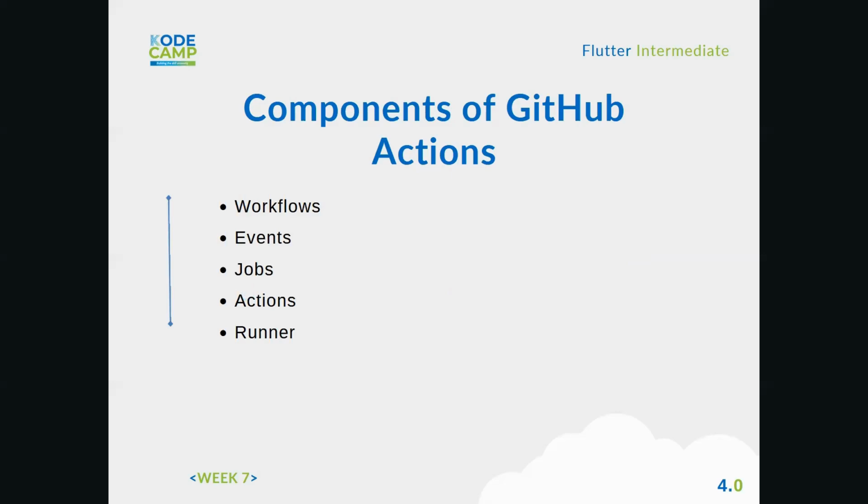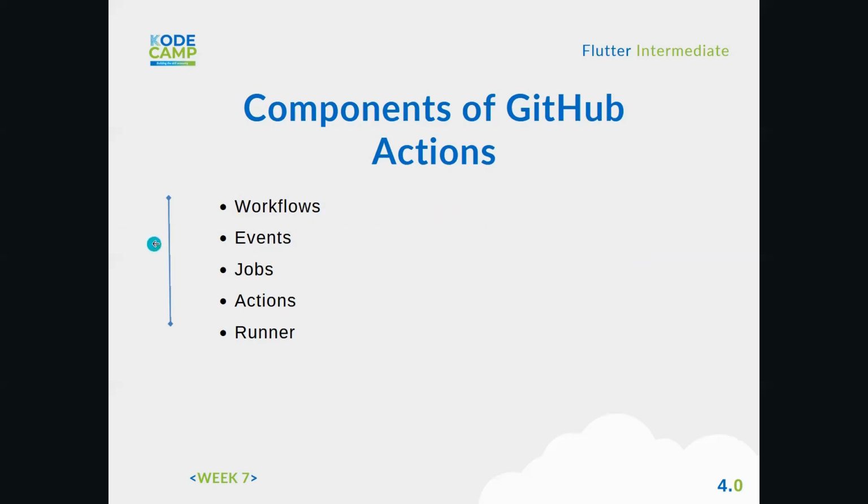Okay, so it could be Linux, right? GitHub actually provides Ubuntu Linux, Microsoft Windows, and macOS runners to run your workflow. Each workflow run executes in a fresh, newly provisioned virtual machine, right?